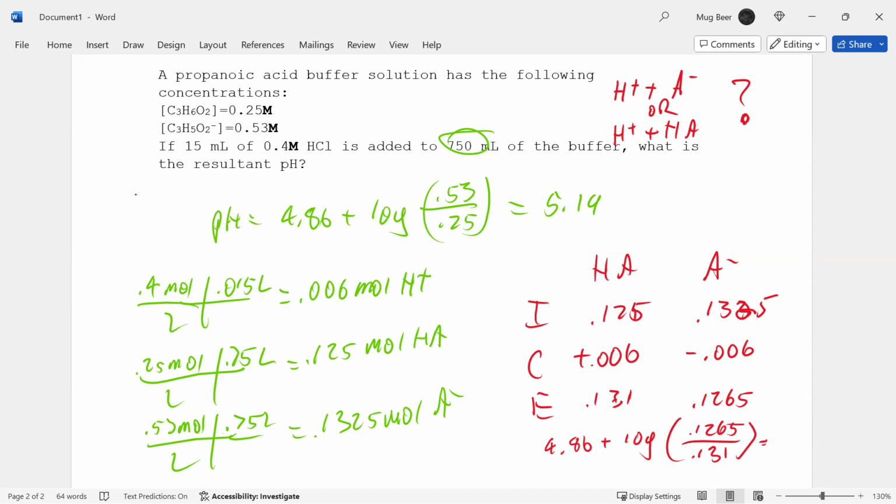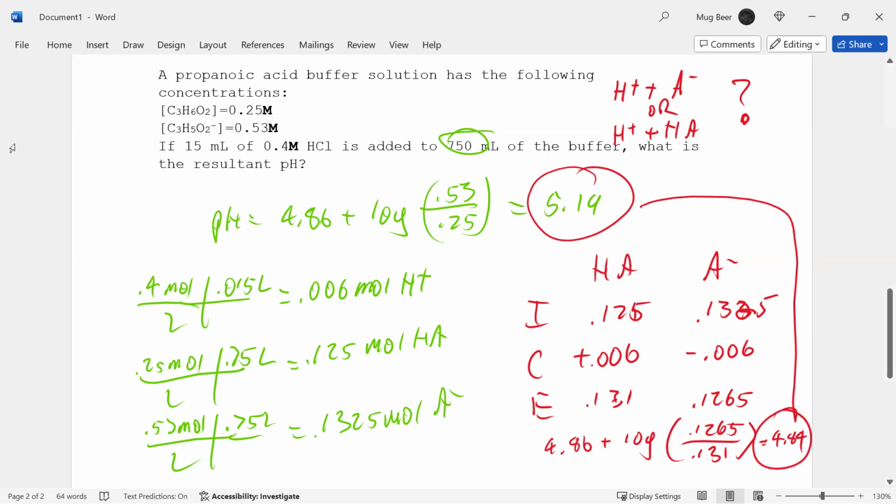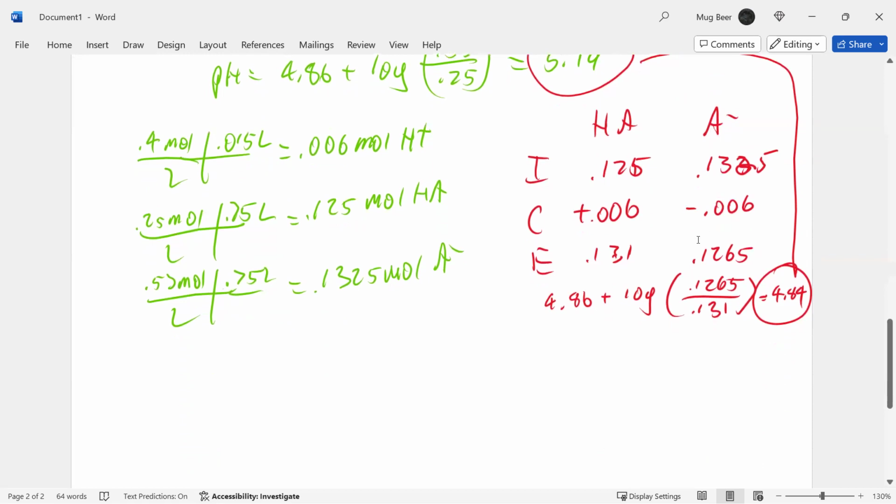Close parentheses, equals, and my new pH is 4.84. So it was 5.19 and it dropped to 4.84. So it dropped, but not that much.